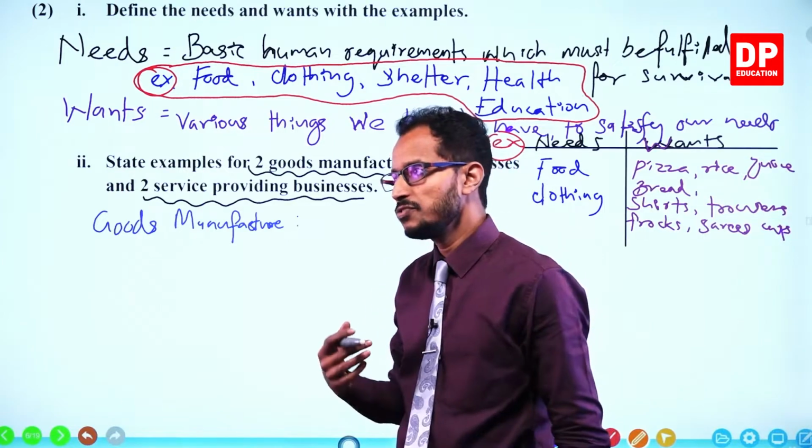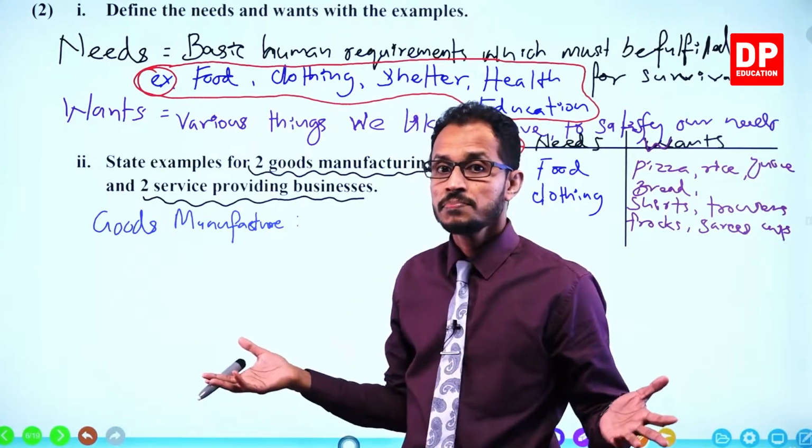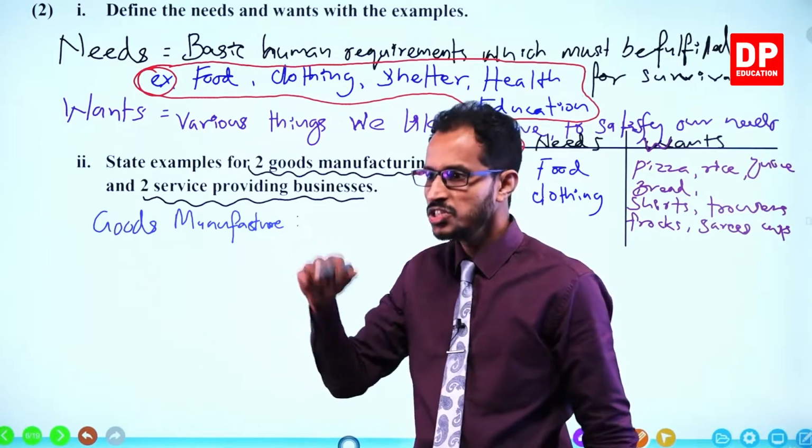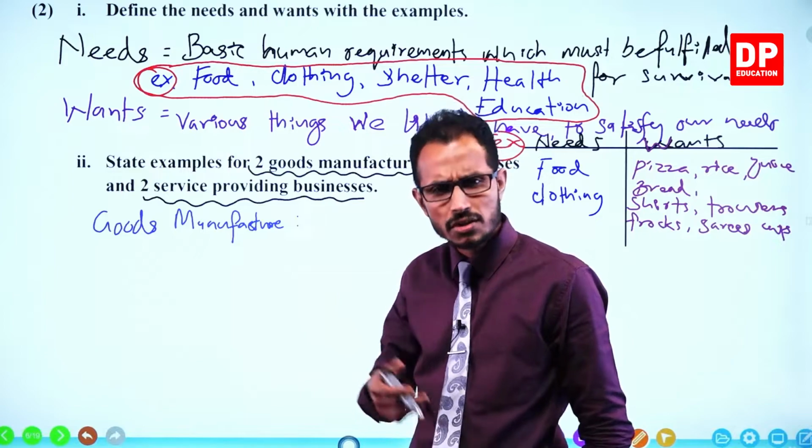If I give you examples from real life, a confectionery: Munchee, Ritzbury, Maliban, producing goods.